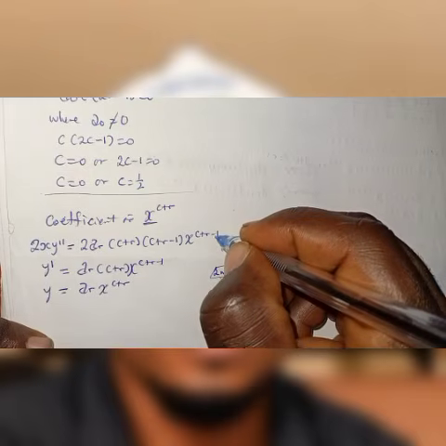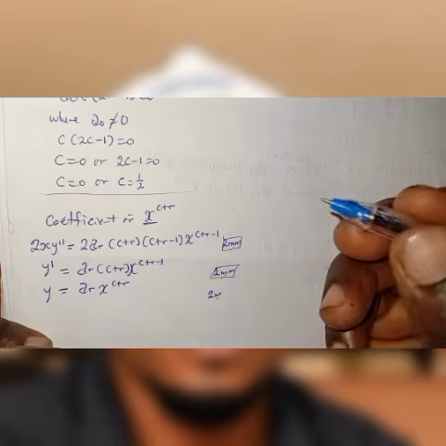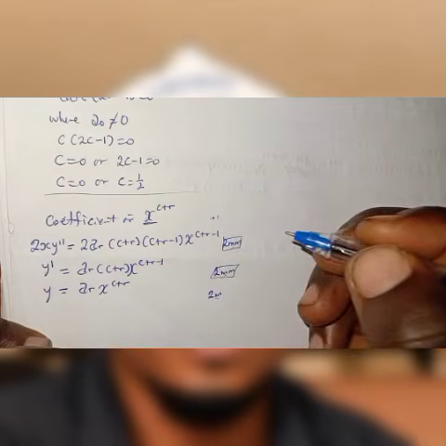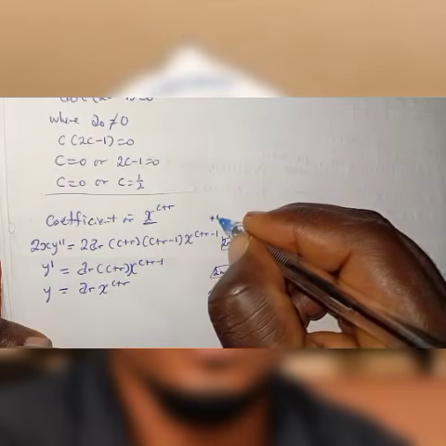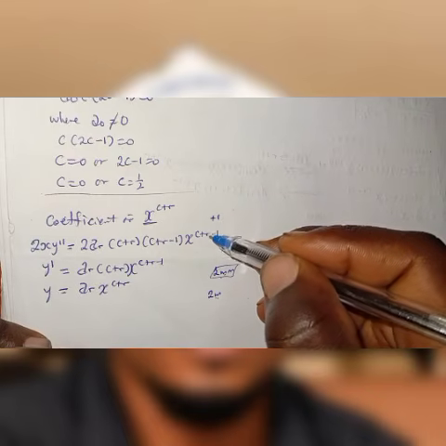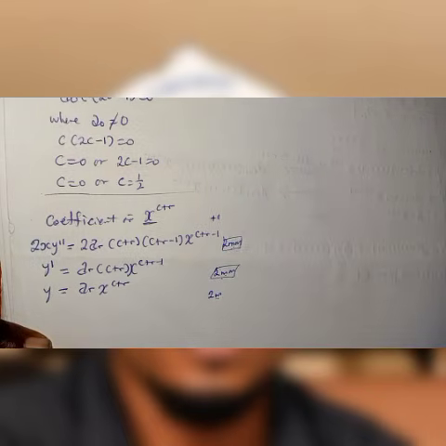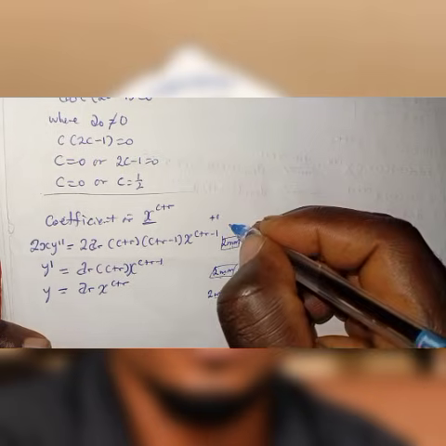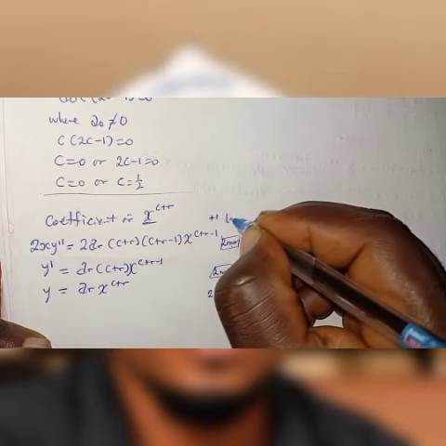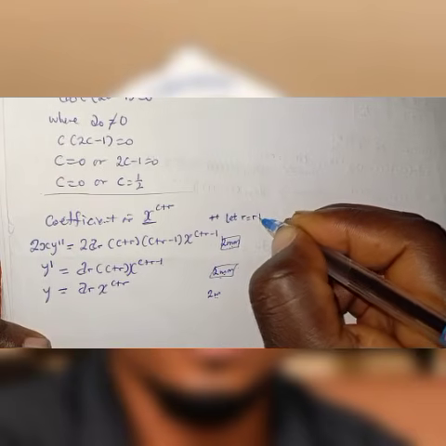Now we have minus 1. How can I cancel this minus 1? By adding plus 1 to it, right? But I can't just put in the plus 1. So the plus 1 must come inside. Now we say let r equals to r plus 1.